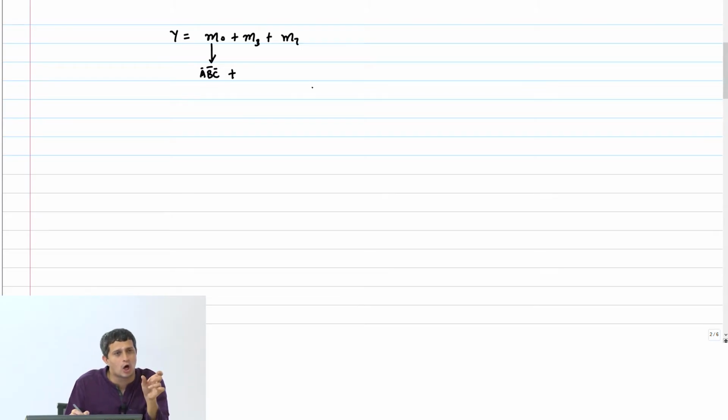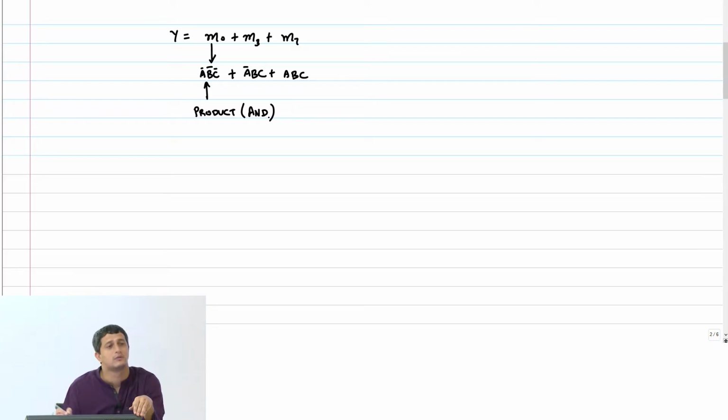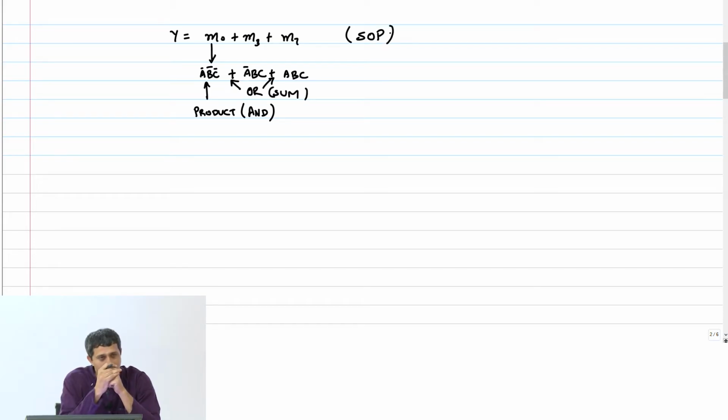Then I have an OR of the other term, A bar, B, C plus A, B, C, right? So there is a product, and that's nothing but an AND condition. And there is a sum operation that is being performed here, which is an OR condition. This is the sum. That's why it's called sum of product, SOP, right? The idea is now to take this and implement it in static CMOS logic, okay?